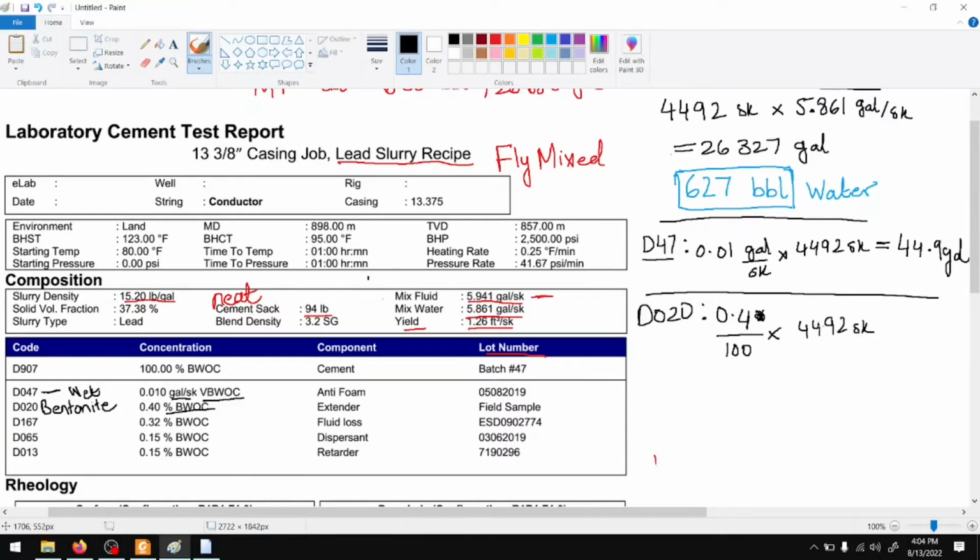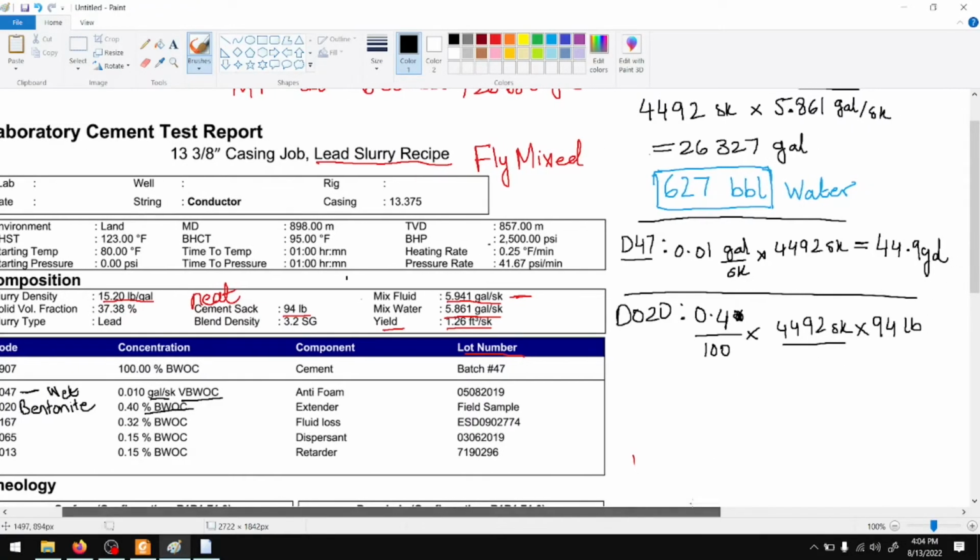Let's say we just mixed all the dry chemicals together and put them in water, 0.4% of that dry material is going to be bentonite. So we already multiplied our concentration by our sacks of cement, because this is our total amount of sacks, and we multiply that by the sack weight, which is given here, 94 pounds.